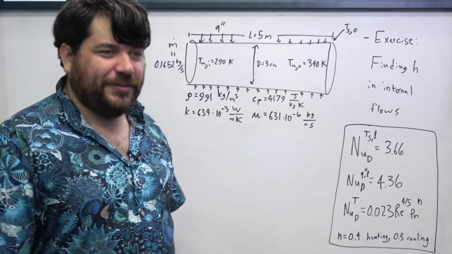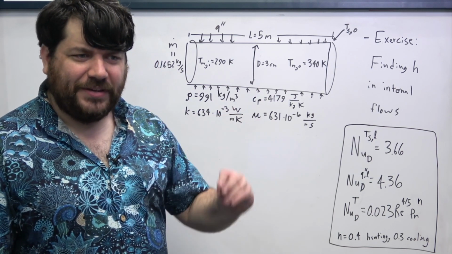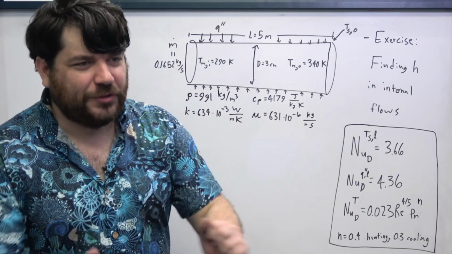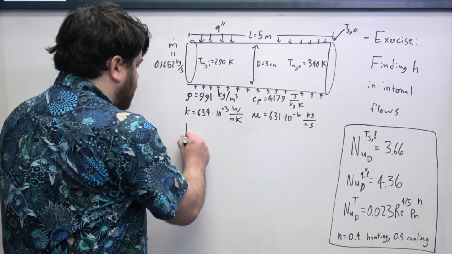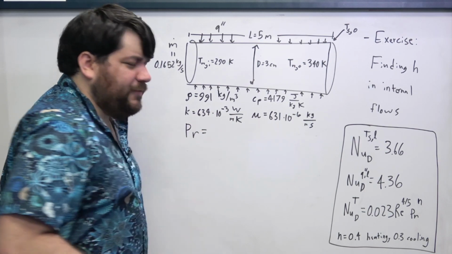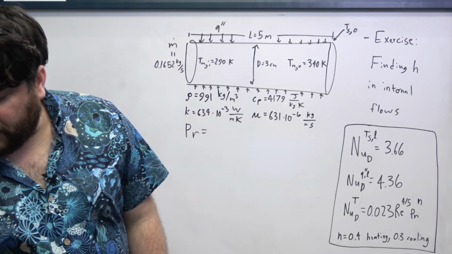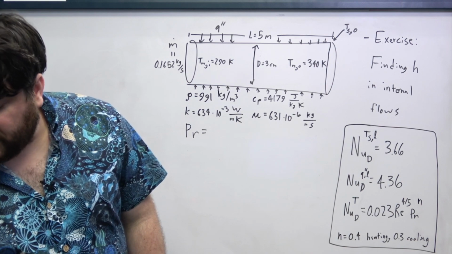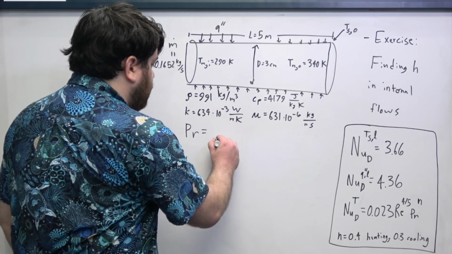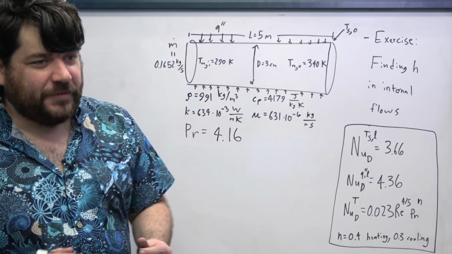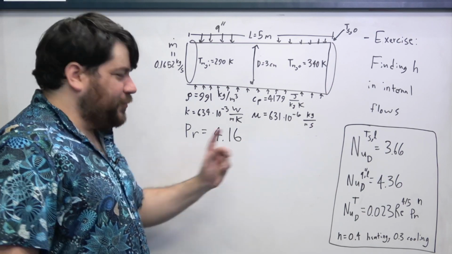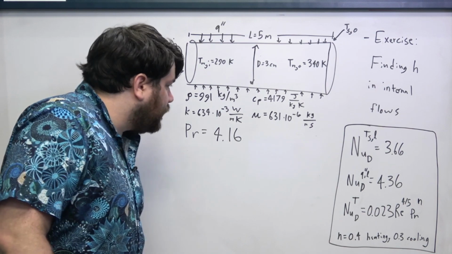You could find the Prandtl number of the water at 315 Kelvin, which is precisely the first step. Saving you the algebra, if I did the algebra for this particular system, I would get a very modest 4.16, right? So that's my first step. I have a Prandtl number.